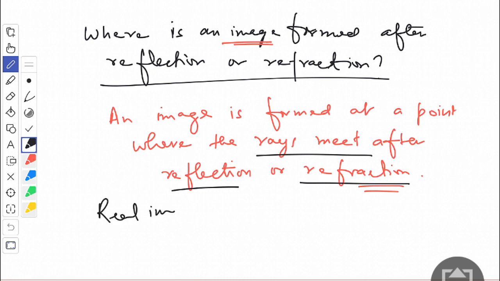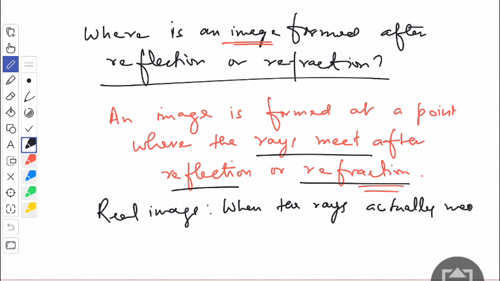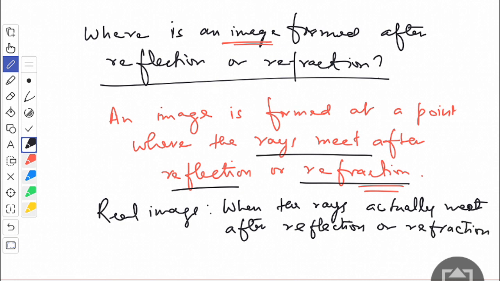What is a real image? When the rays actually meet after reflection or refraction.